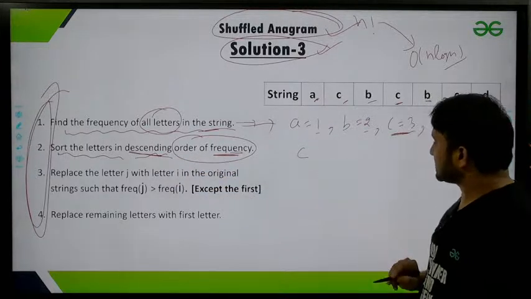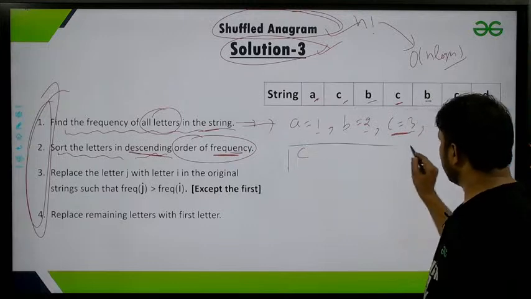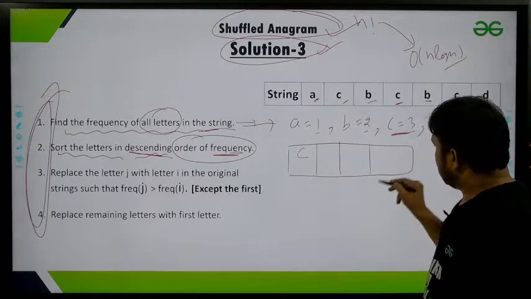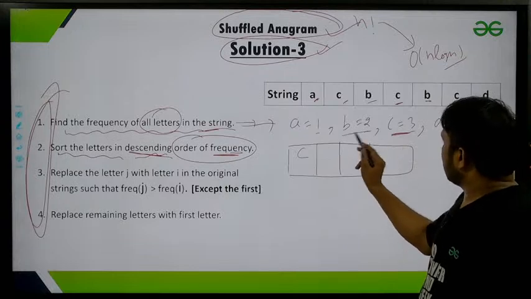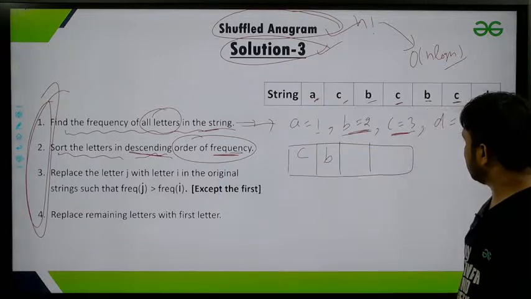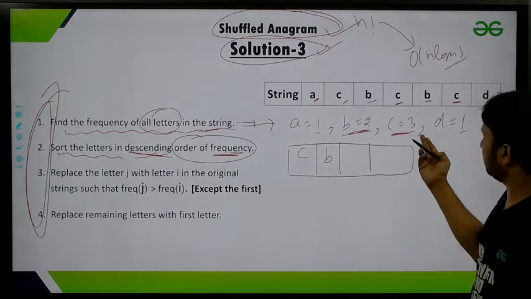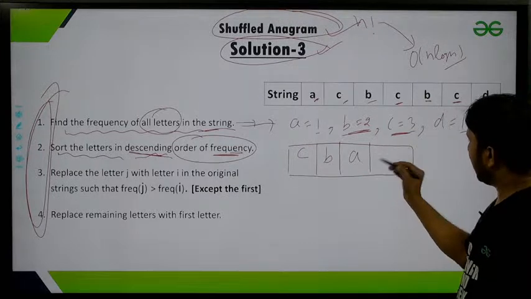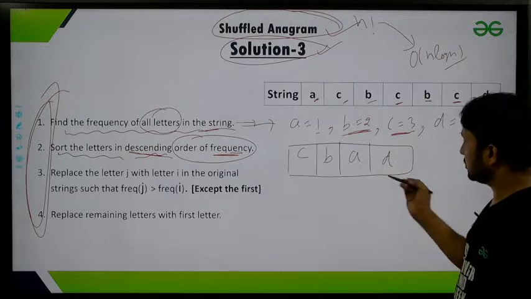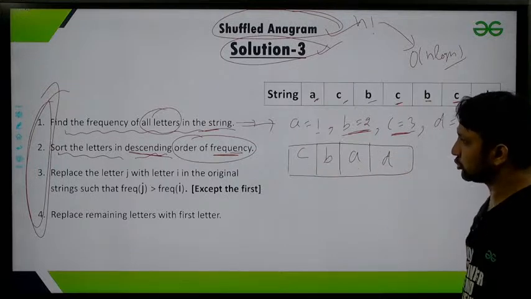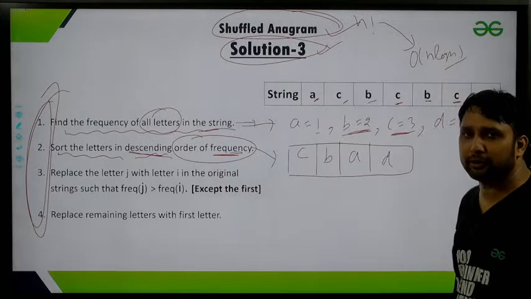So C will come first. Let me write in the form of a grid. C will come, then after that B, having the next largest frequency. After that A and D both have the same frequency. You can write either one at any place. Either you can write D, A also. So I have simply sorted them.